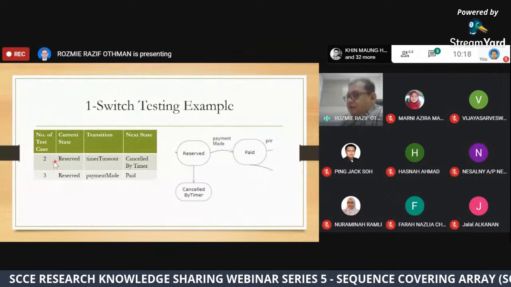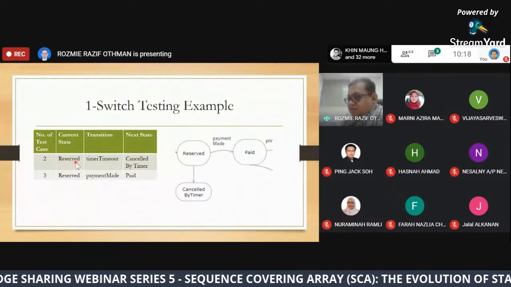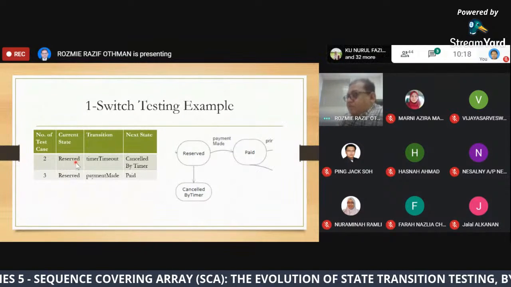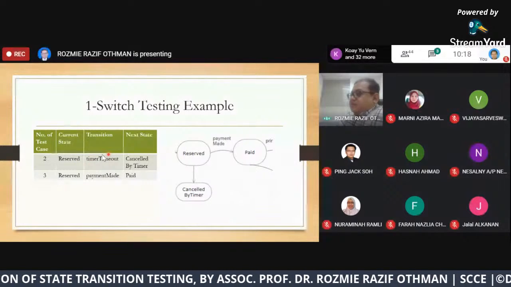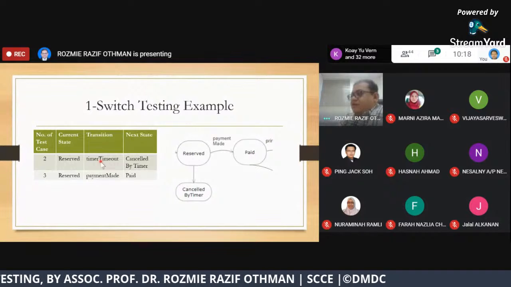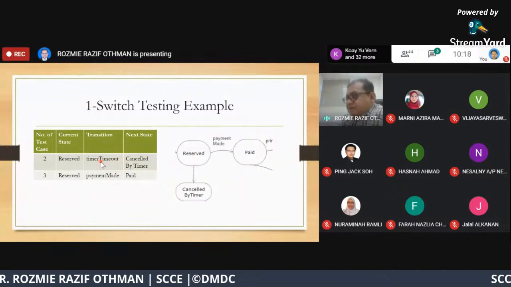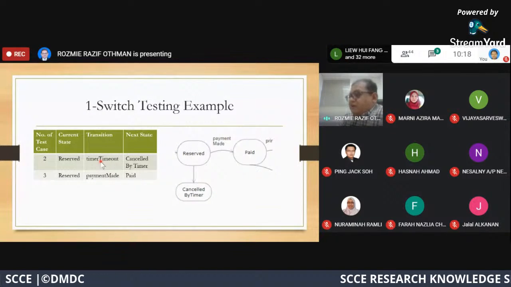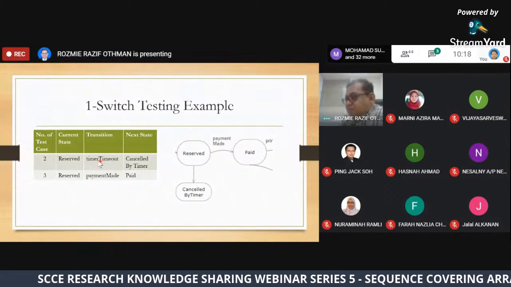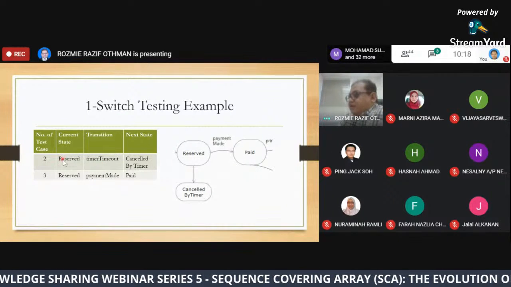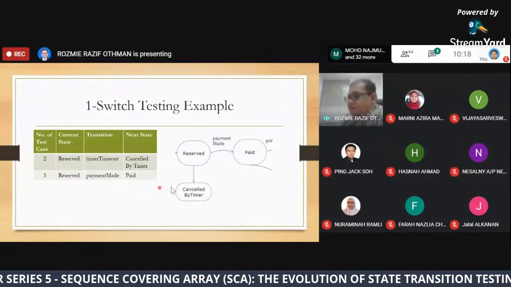For test number 2, we have to make our system be at the reserved state first. Then we test the transition timer timeout. We look at the next state, what will happen to the system. If the system goes to the cancel by timer state, then we say that the system passed test case number 2. And the same thing goes for test case number 3.